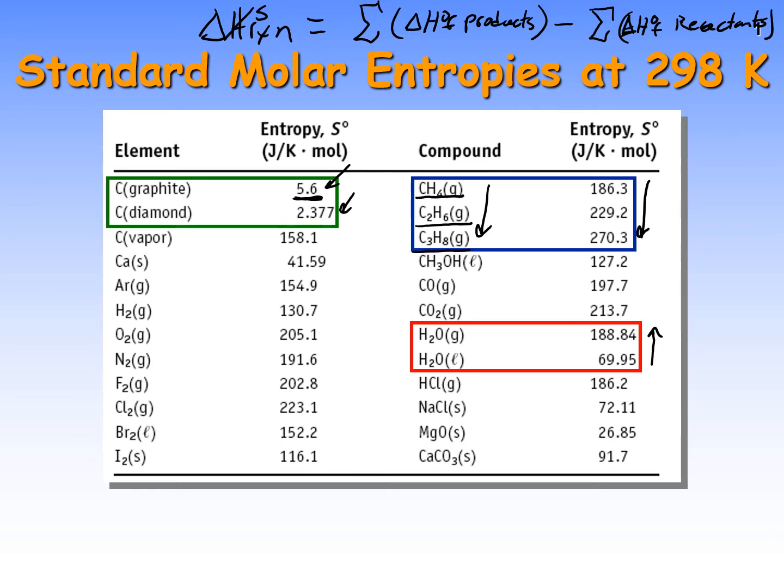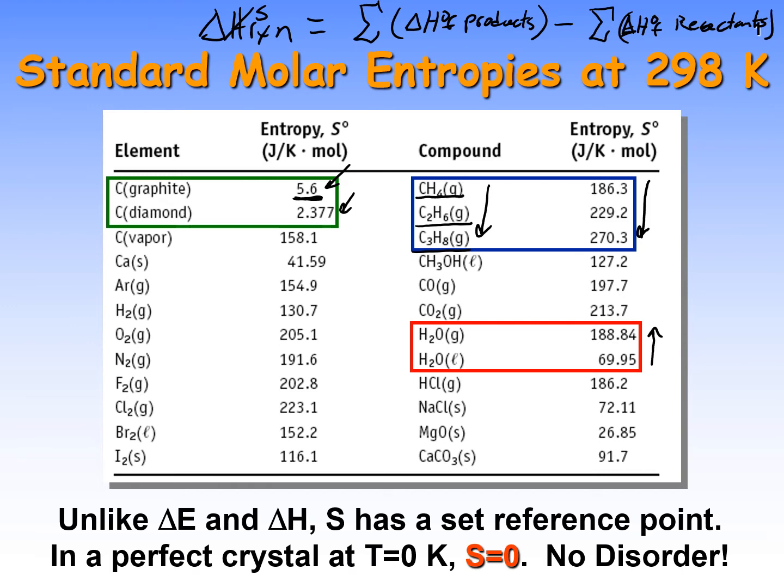Now, you might notice that there are no negative S naught values in this table, and that's most of the time true with the exception of ions. But this is due to the fact that unlike both internal energy and enthalpy, there is actually a set reference point for entropy, and that is a perfect crystal at 0 Kelvin, absolute zero.